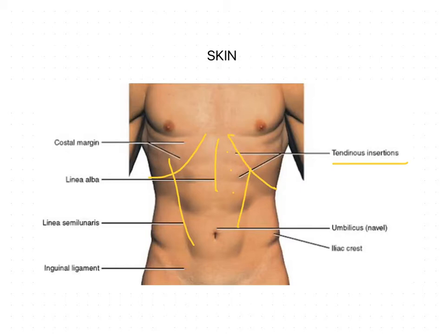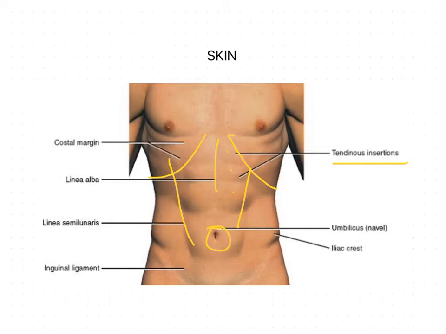Okay. So these are the findings on the skin, and also another important structure which has some anatomical importance, and it is a scar-like structure. That structure is called the umbilicus. So what is that? Umbilicus.